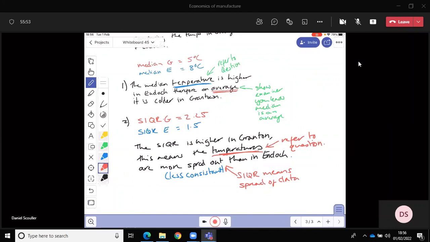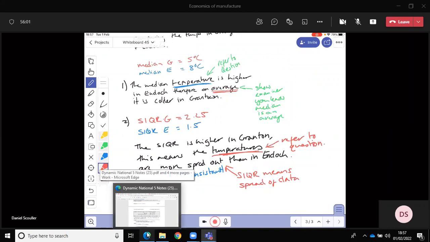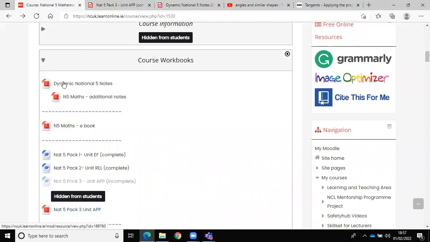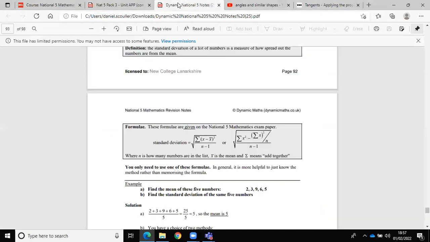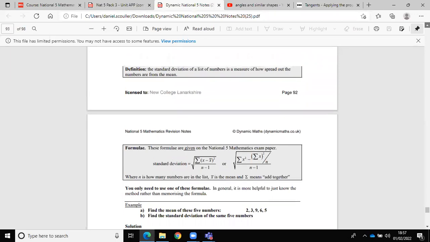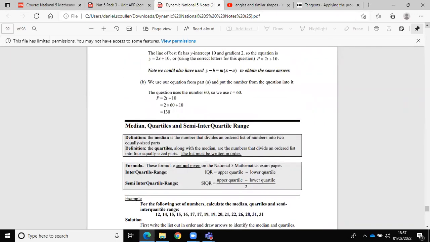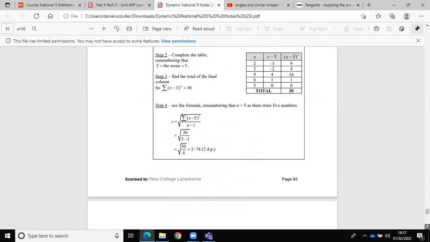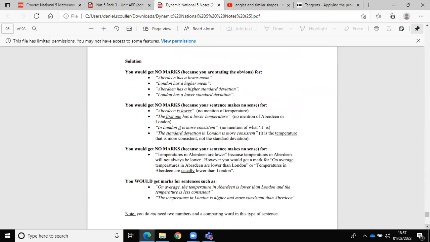What is good is the dynamic notes. In the middle, these dynamic notes give you this.